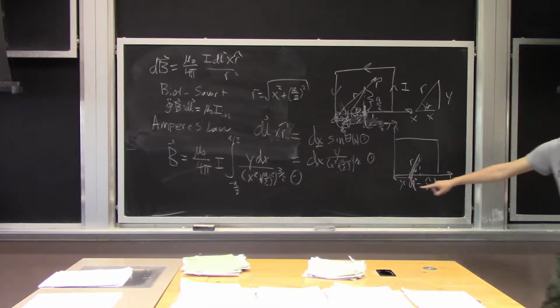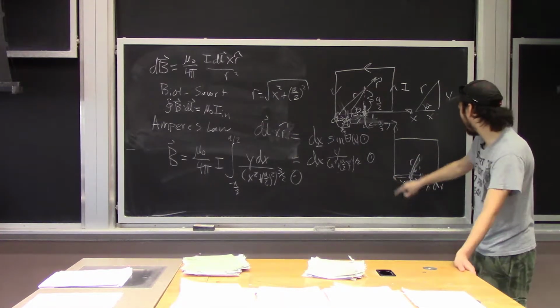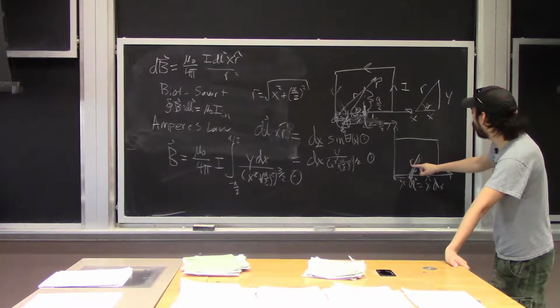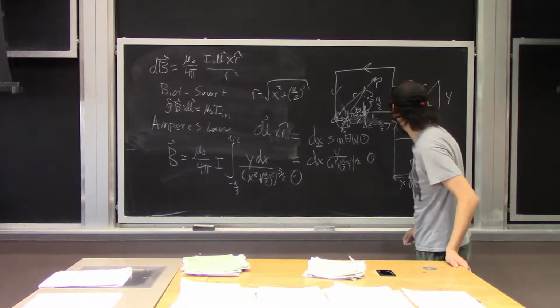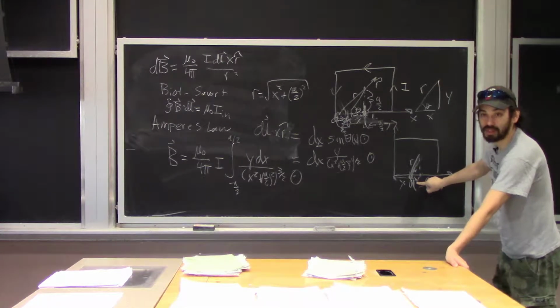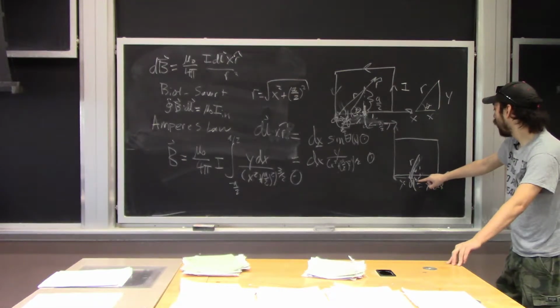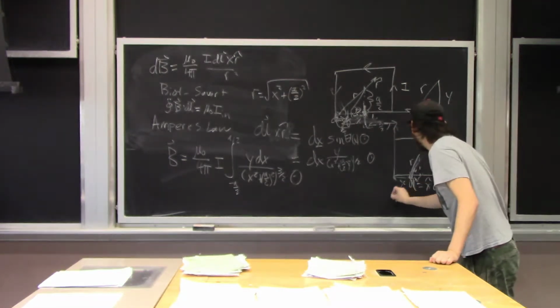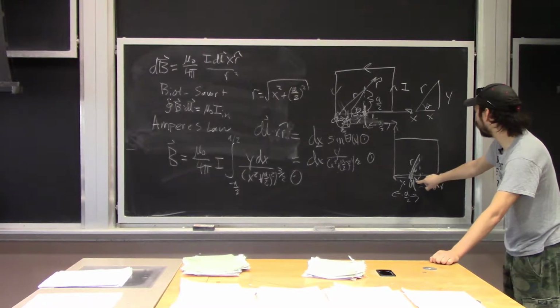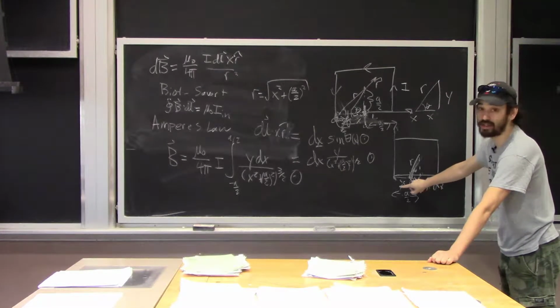Because I'm defining my origin to be in this left corner. And so when I try to find what r is, I need this piece right here, right? Because that's the base of the triangle. And if this distance is the distance a divided by 2, that means that this distance here is going to be a over 2 minus x.